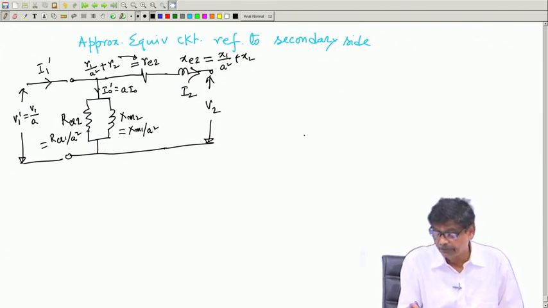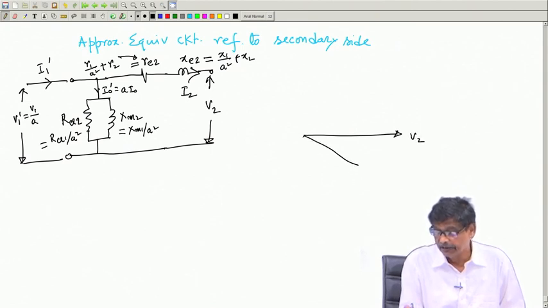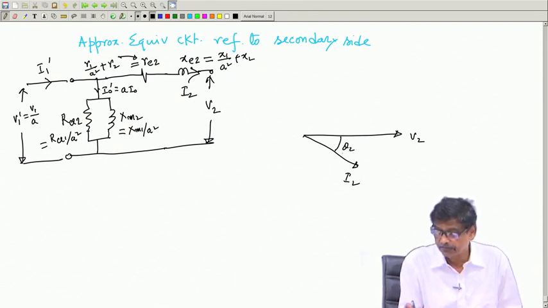Here you start with V2, the actual secondary voltage V2. This is, suppose, the current delivered by the transformer to the load, which I am not drawing, henceforth I will not draw, because V2 is supplying current, means some impedance is connected. This is the actual power factor of the load.